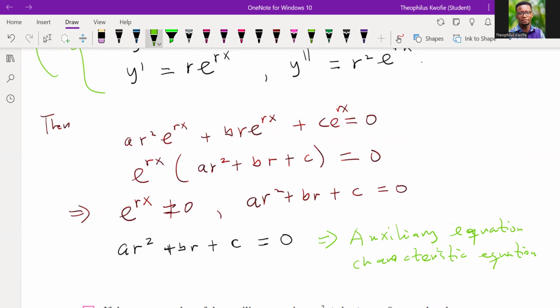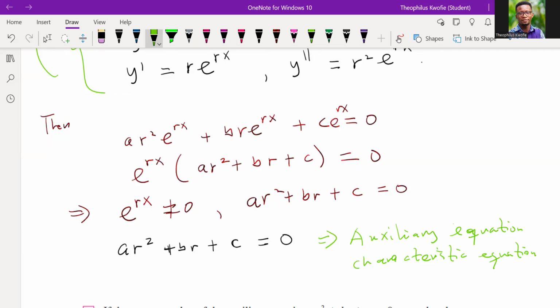It is the auxiliary equation of the differential equation a y prime prime plus b y prime plus c y equals 0. But notice that it's just an algebraic equation obtained from the differential equation by replacing y prime prime by r squared, y prime by r, and y by 1.